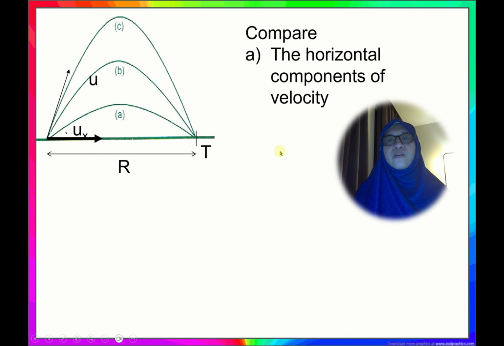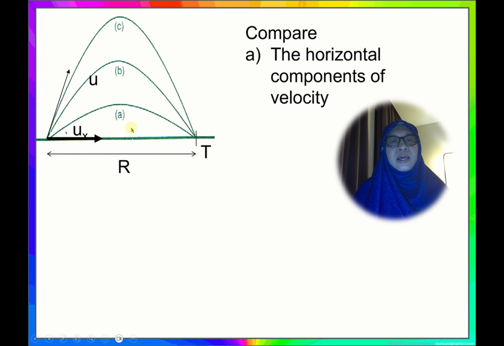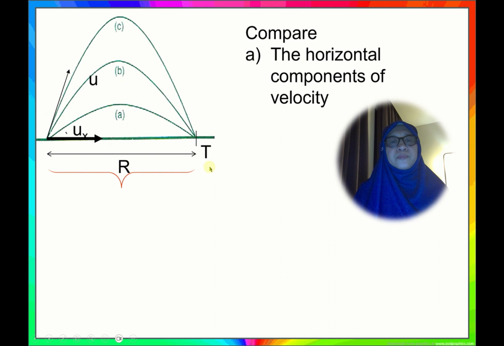Compare the horizontal components of velocity. Then the time taken is t. All these projectiles have the same r and the same t.